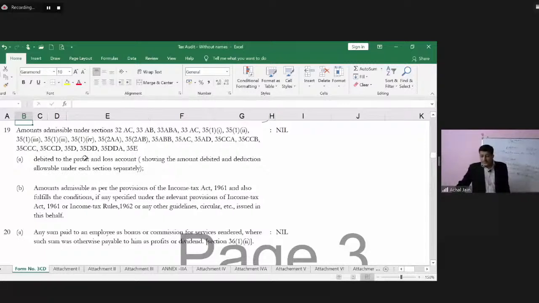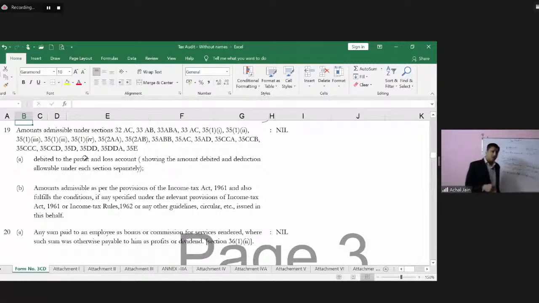So that's why in this case, auditor will have to have discussions with the payroll team or the HR, through which he will get to understand, to find out if there are any employees to whom bonus or commission is paid during the year and which has also been taken to the P&L, which was otherwise payable to him as profit or dividend. And this is again, you will not find too often.